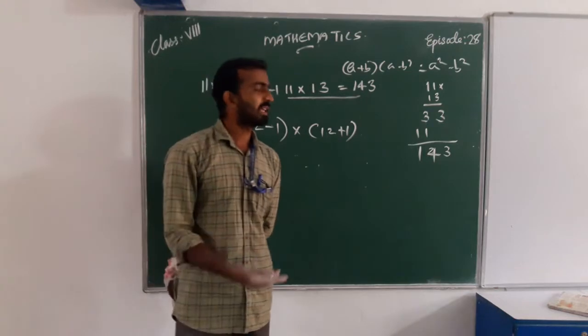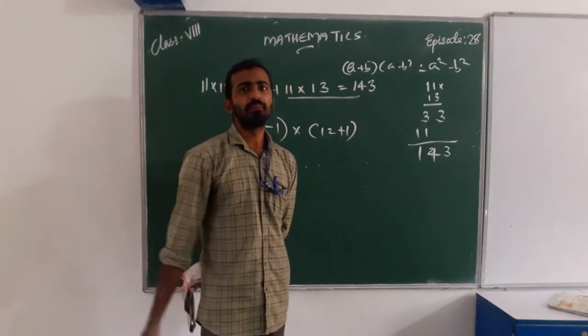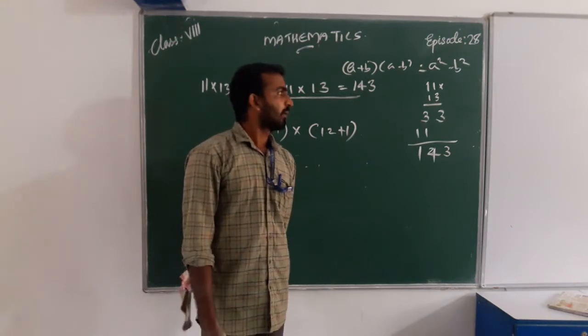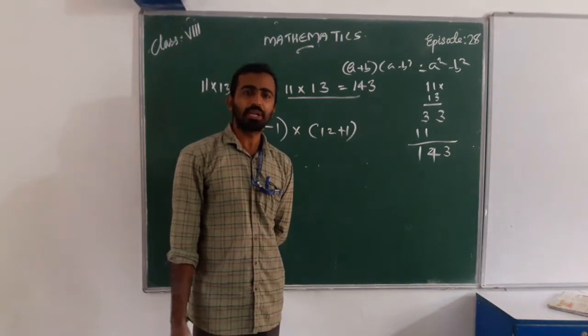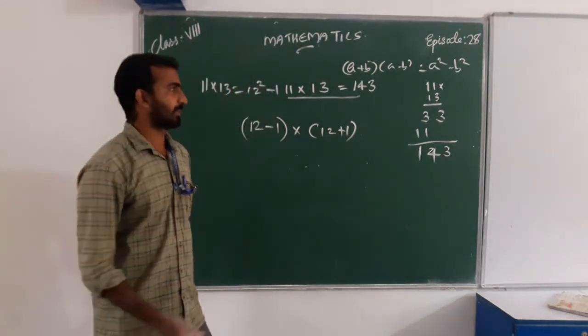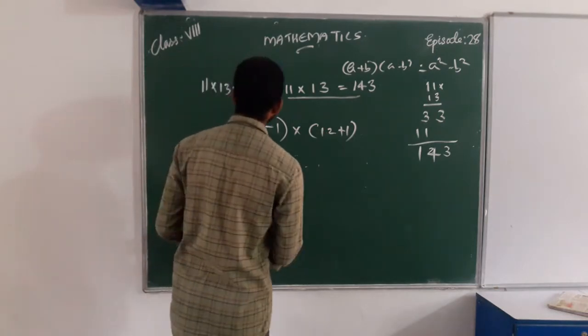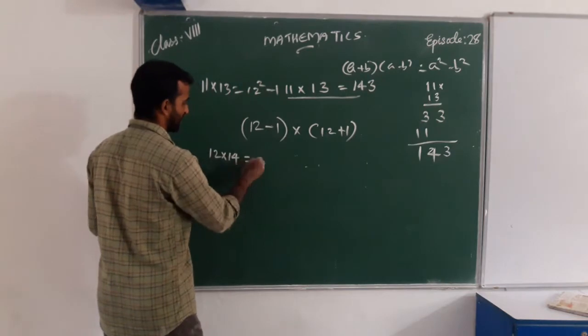We can take any number like this. For another example, take two consecutive even numbers, 12 and 14.